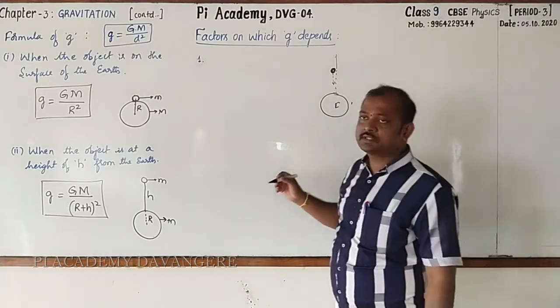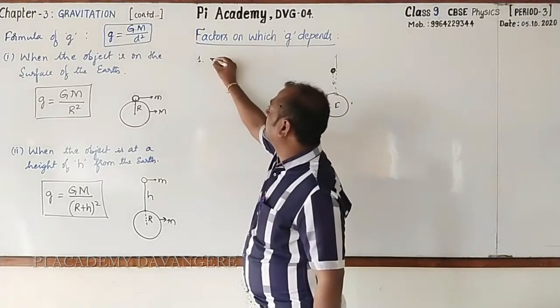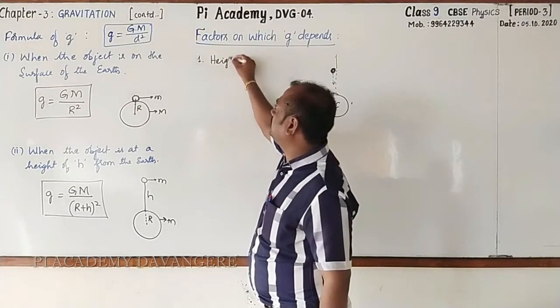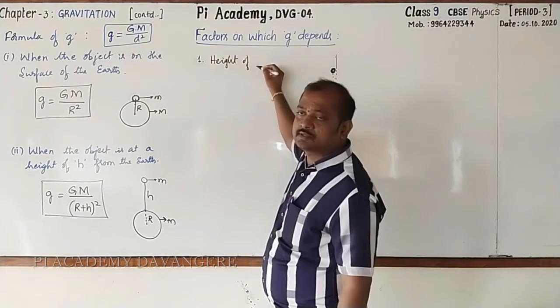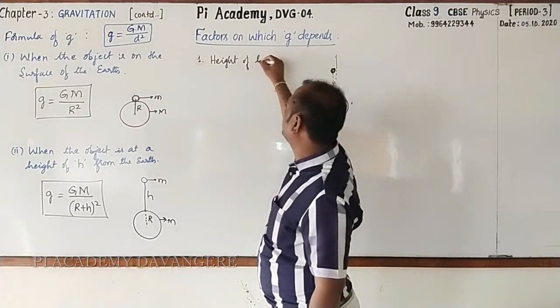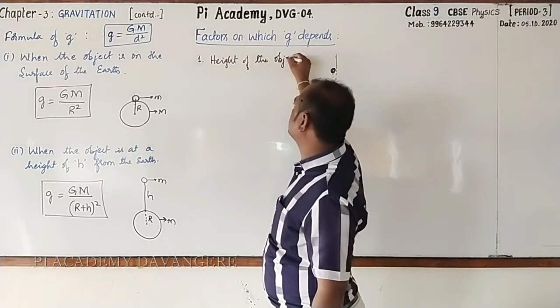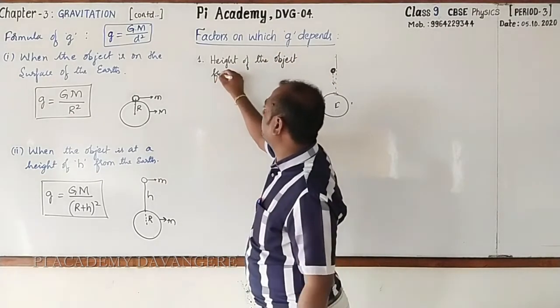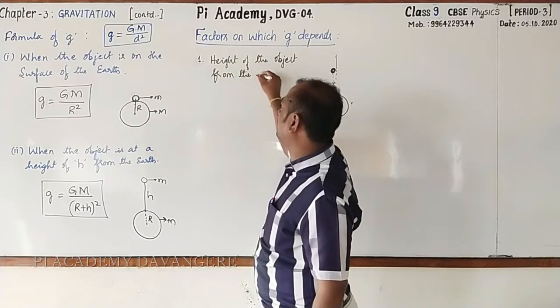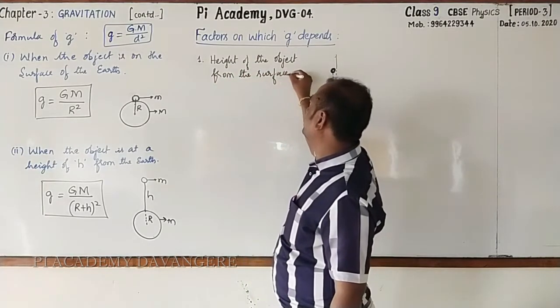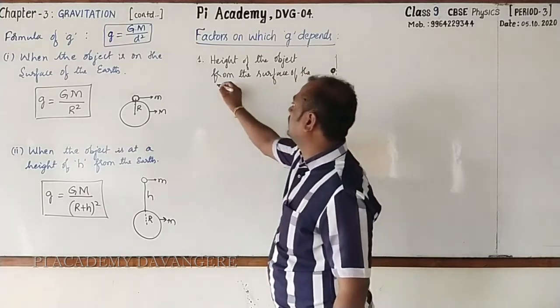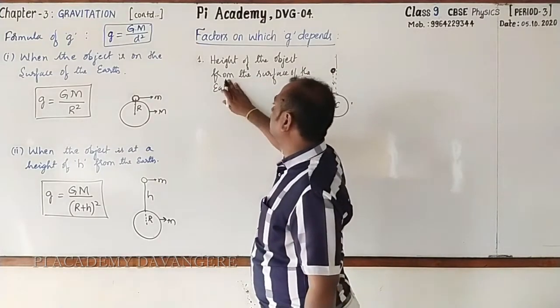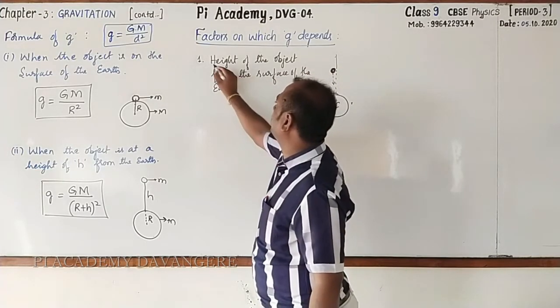Hence the first one is the height of the object from the surface of the earth. Just you may remember this one.